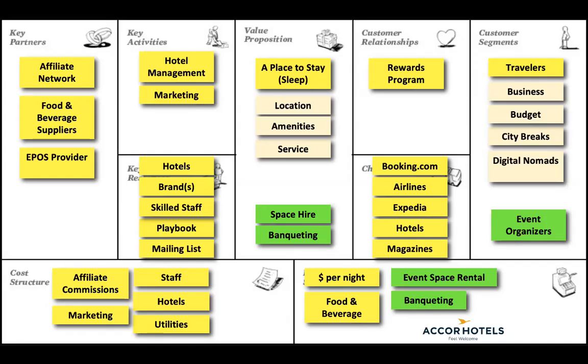So apart from the fact that we can add business travelers in order to increase our margins, there's a second thing, of course, we can do, which is think about how we can use our assets when they're not used in a different way. And this is where event organizers and space for hire comes as another value proposition we can add in order to improve our business model.